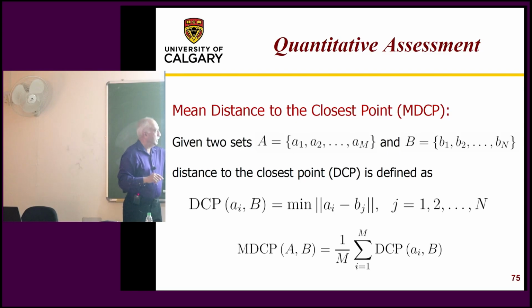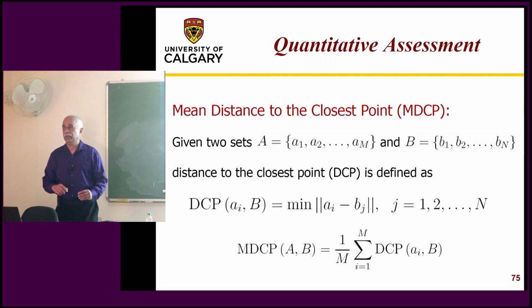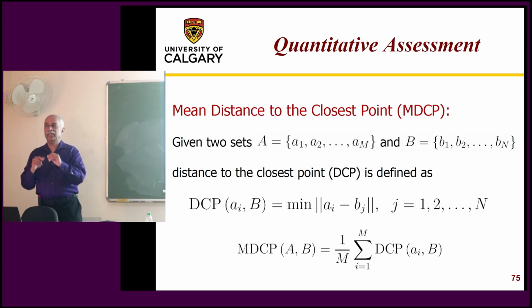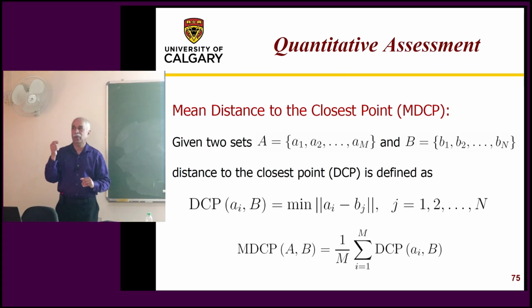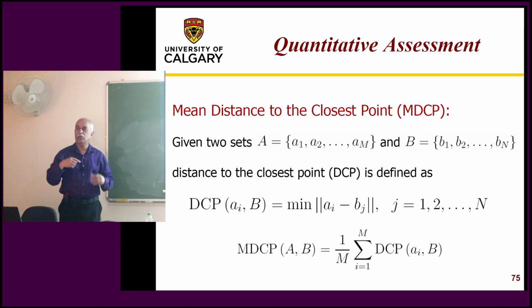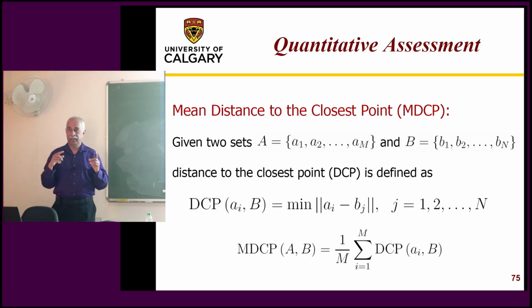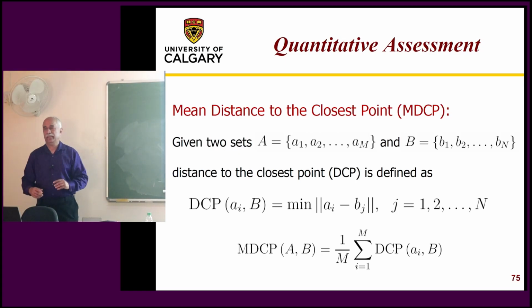And then you average for all of the points along my contour. So what is the minimum distance between every point on my contour to every other point in the reference contour, and do average over all points on my contour. The two contours may be of different size. My contour may go like that, the radiologist may draw like this. Doesn't matter.